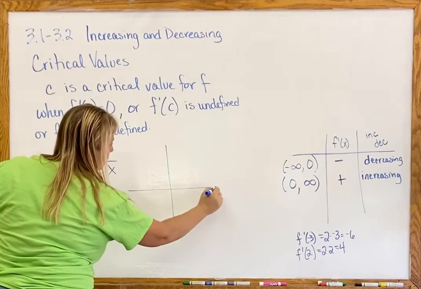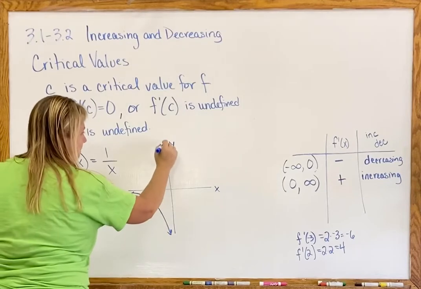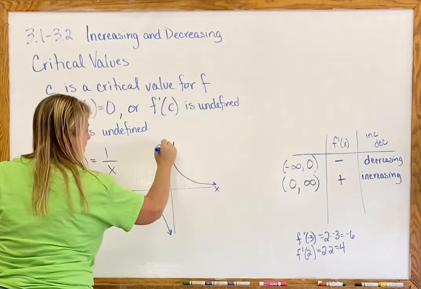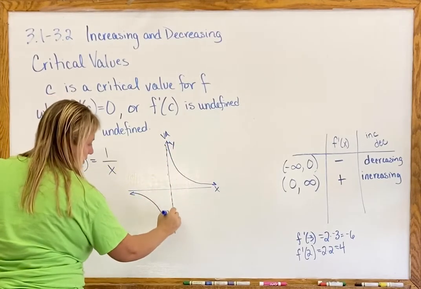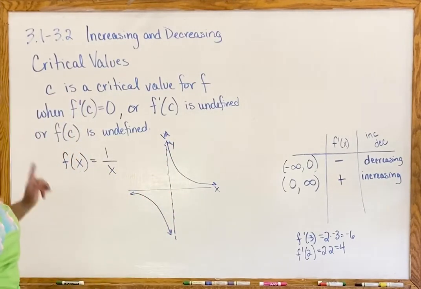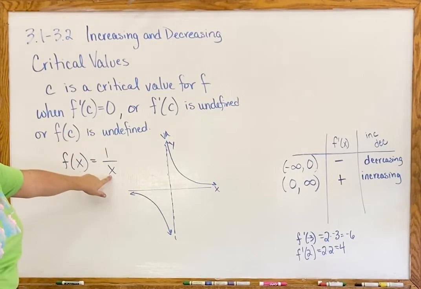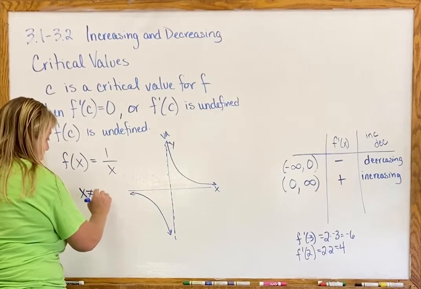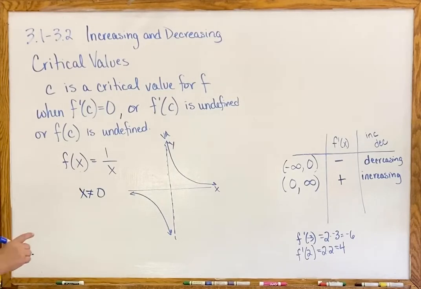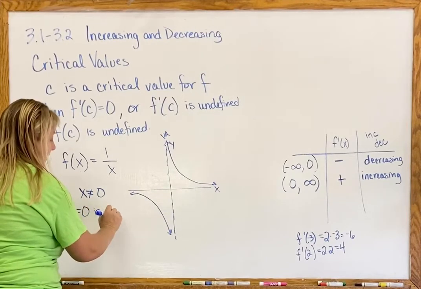This guy looks like this, and there is a vertical asymptote here at the y-axis. In this case, what we're noticing is the function itself is undefined when x equals 0, or we'd say x can't equal 0. Well, that would make 0 a critical value. So x equals 0 is a critical value.